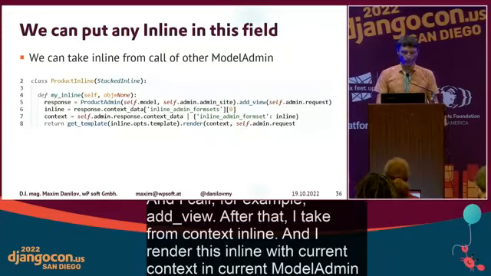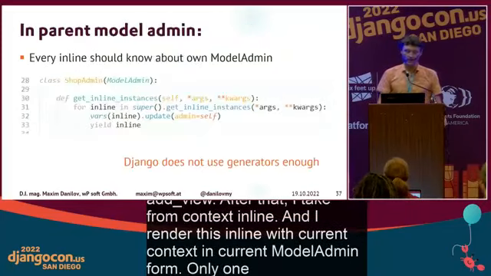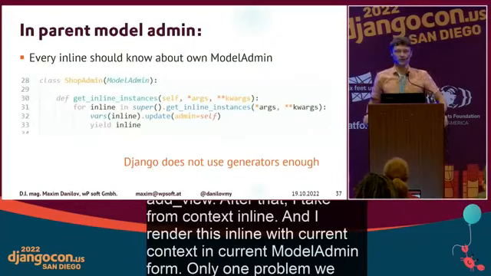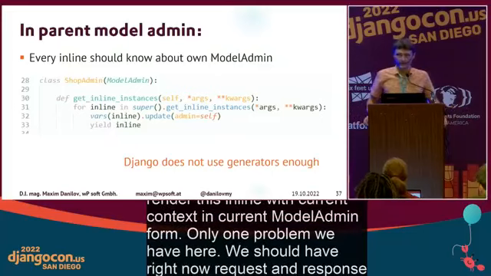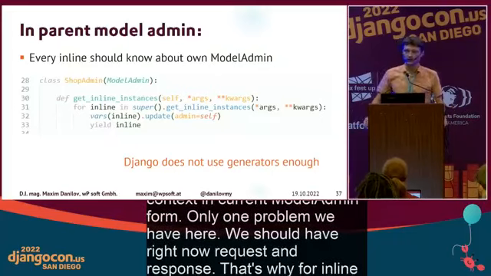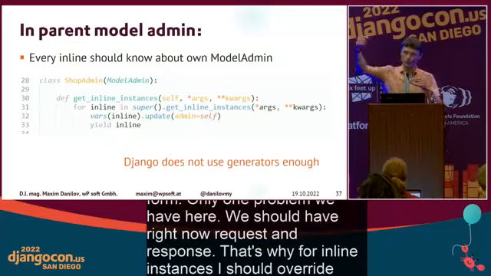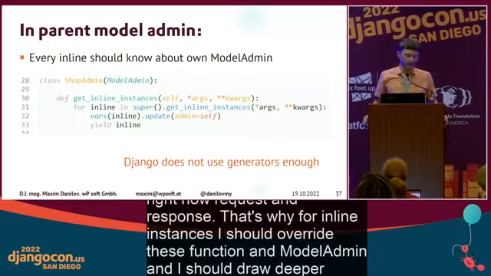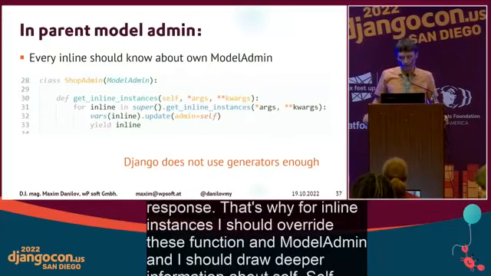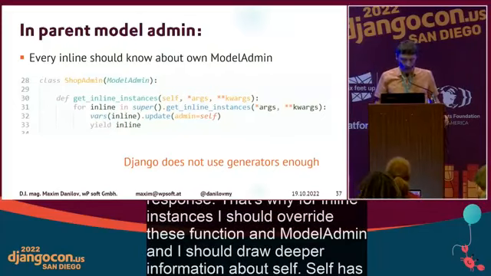Only one problem we have here: we should have the request and response right now. That's why for inline instances, I should override this function in model admin, and I should pass deeper information about self. Self has a current model admin, which contains the request and response right now.